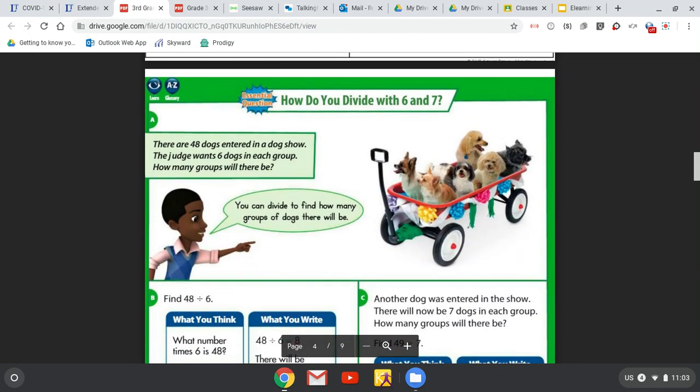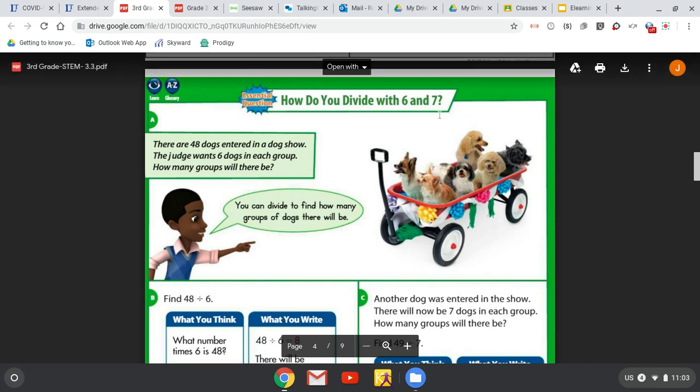Our question today: how do you divide with 6 and 7? I am going to share with you in our Google Classroom our multiplication songs for 6s and 7s. Remember when we did those and Mrs. Sousa made those? Those are on our Google Classroom.